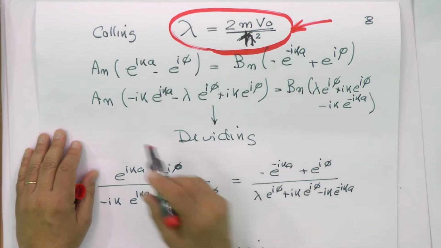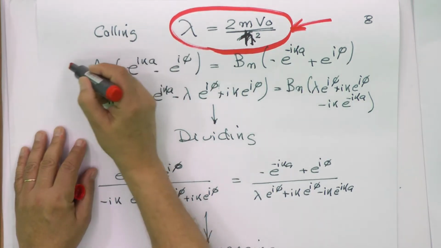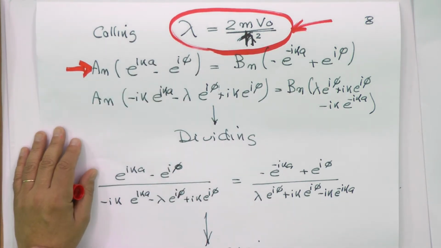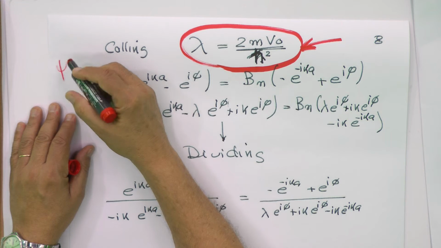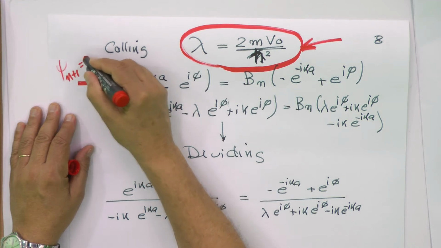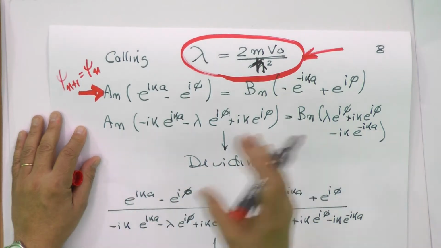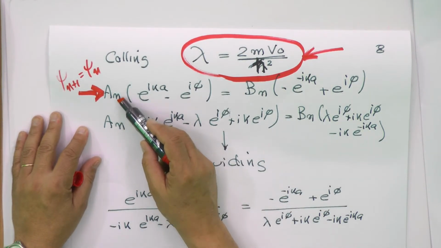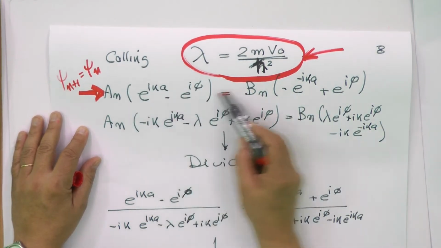So substituting in the wave function, we now get a relation. This is the continuity of the wave function. This is equivalent to saying that psi n plus 1 is equal to psi n. It turns out, when we put all the conditions, that an and bn are related by this.